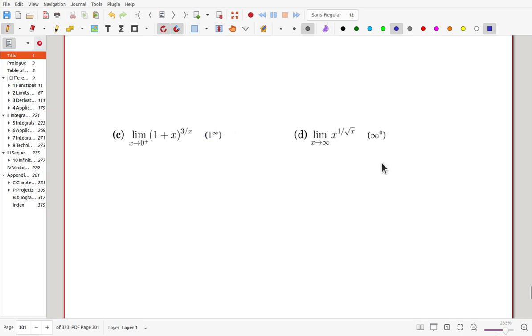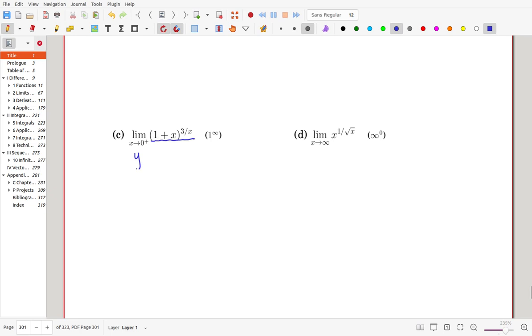And also over there, once x approaches infinity, then that is infinity to the 0 shape. And once the given term is related with a power, then you may try to use the logarithmic technique. So let's start with that is y.